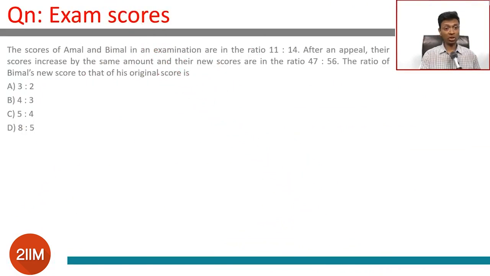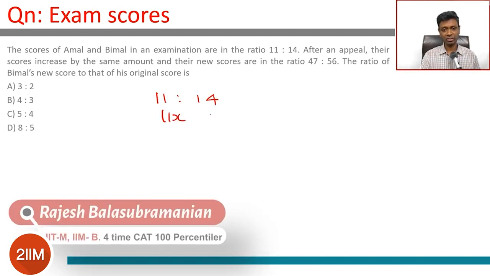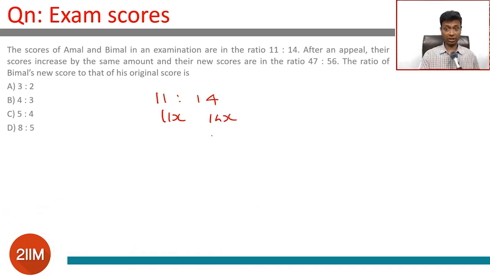Exam scores. The scores of Amal and Bimal in an examination are in the ratio 11:14. So I'm going to take 11x and 14x. After an appeal, their scores increased by the same amount and their new scores are in the ratio 47:56. 11x plus a, 14x plus a. This ratio is 47:56.